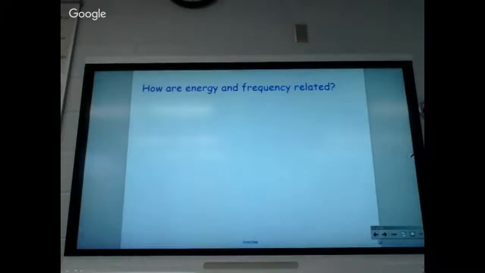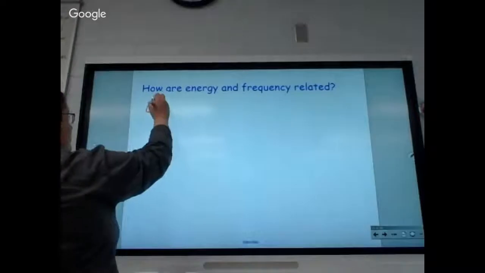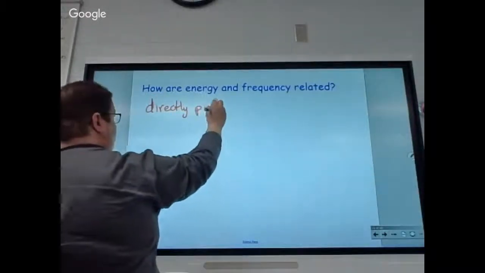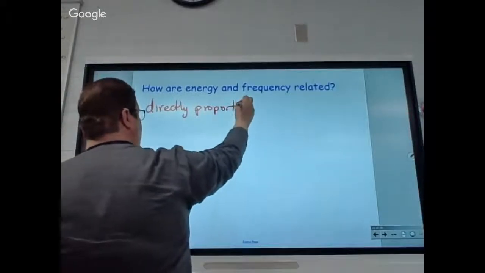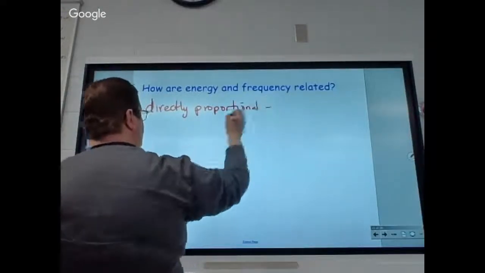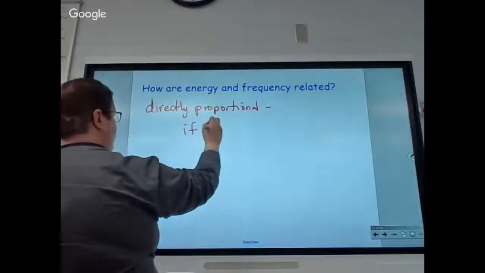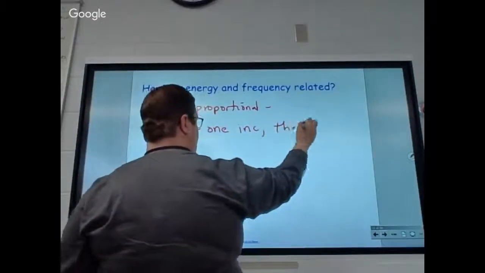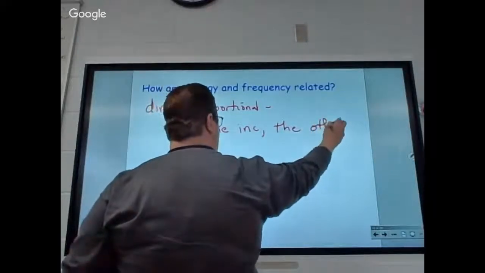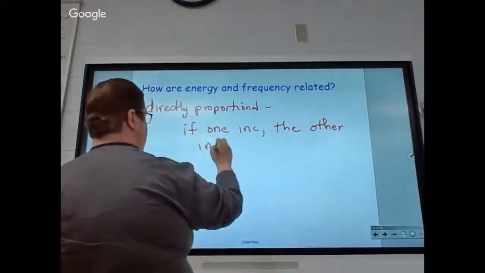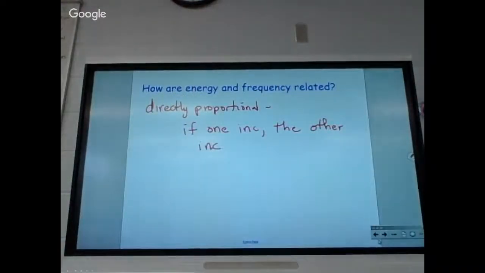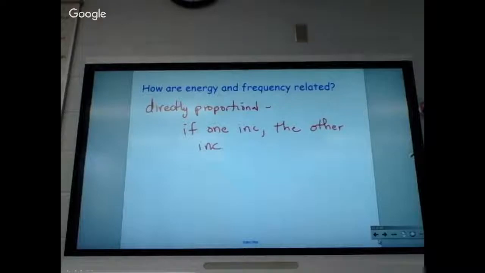All right, so energy and frequency are directly proportional. And that means if one increases, the other increases. So if the frequency of light is high, then the energy will be high.